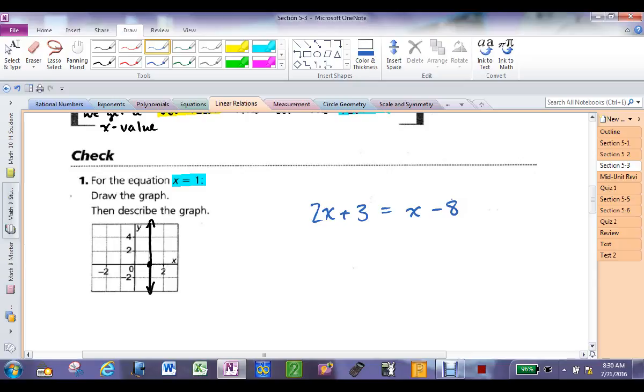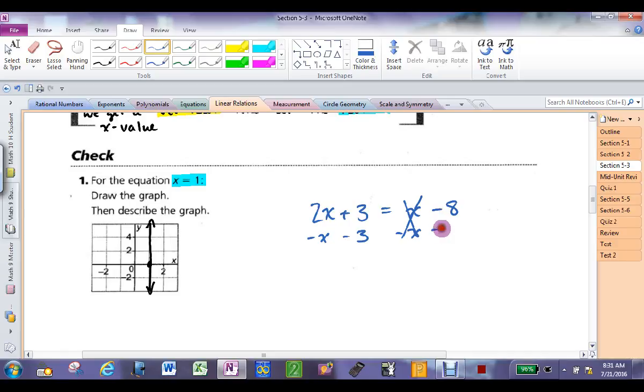How would you isolate x there? You would subtract this x from the 2. That's going to get rid of the x's over here, which means numbers have to be on the right, correct? So that means this number's in the wrong spot. So what would I do? Minus 3. Even though 3 is bigger than 8, right?